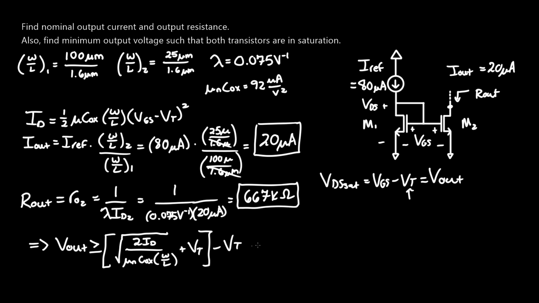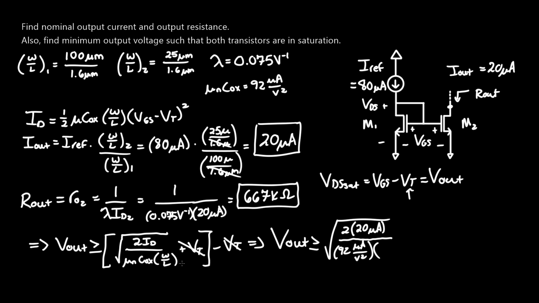So the VTs will cancel, and we'll get a minimum V out, now plugging in the numbers, of square root of 2 times our output current of 20 microamps over our mu nCox of 92 microamps per volt squared times our W over L, I should have specified this is of MOSFET 2, 25 microns over 1.6 microns.